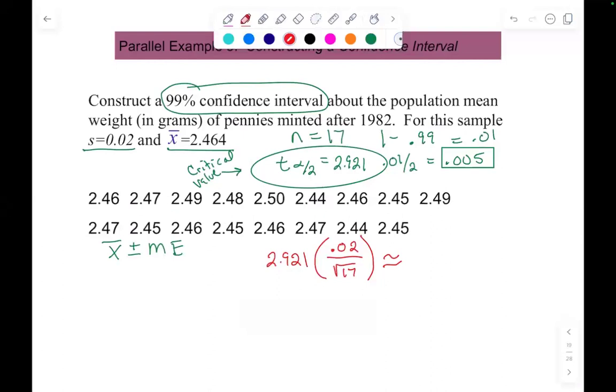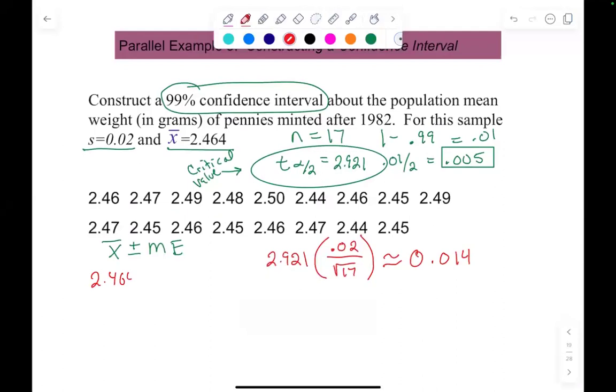So that's approximately 0.014. All right. So my confidence interval is going to be 2.464 plus or minus 0.014.